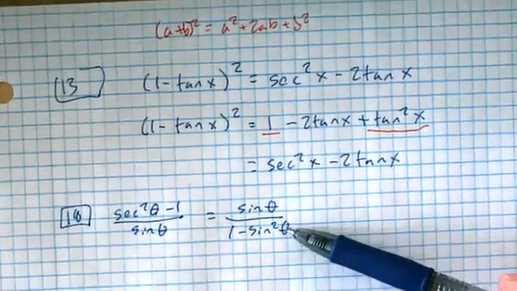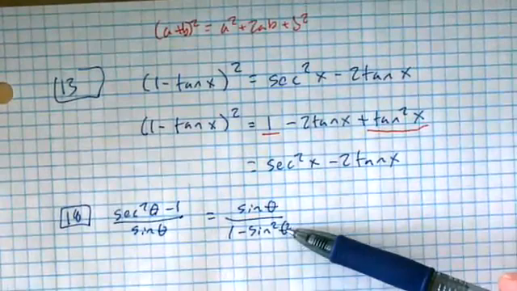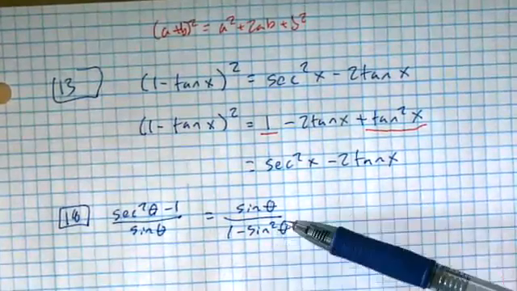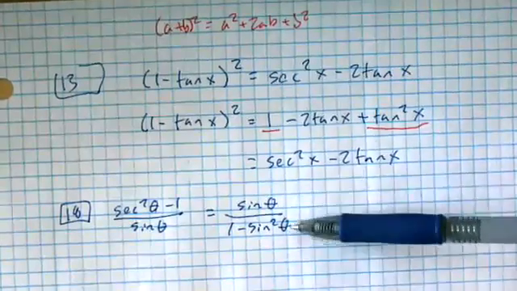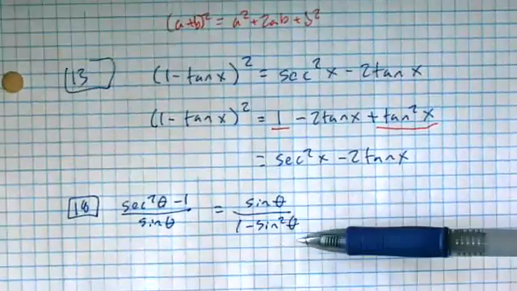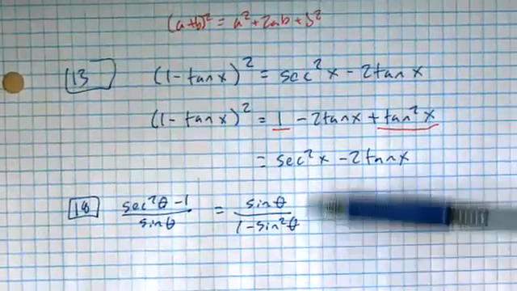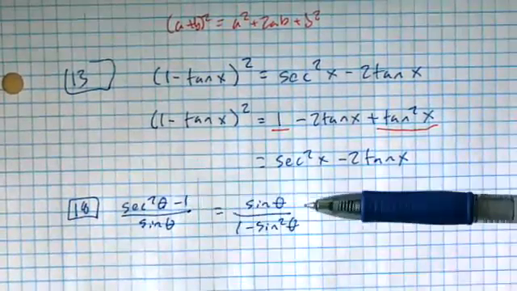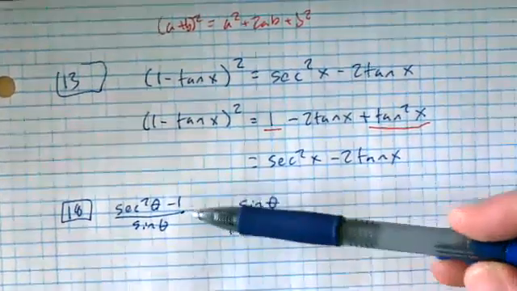I'm also thinking a step ahead. If my first move is going to be to turn 1 minus sine squared into cosine squared, this gets pretty simple. And then this is looking like the more complicated one. So I think I would probably start with the left.